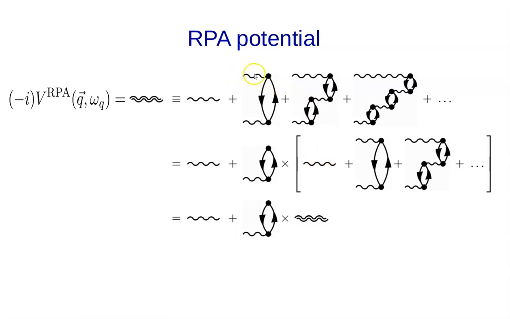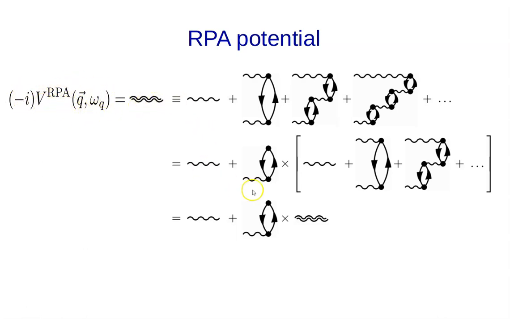Essentially, I'm taking a cut here, and then this structure would follow precisely this: a wiggly line and a bubble, then another wiggly line, and two bubbles connected by two wiggly lines, and so on and so forth.